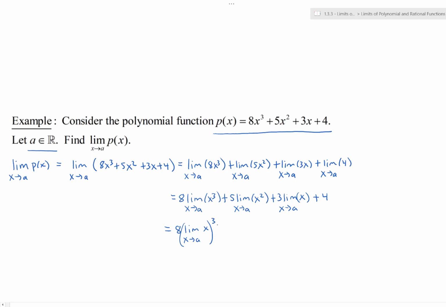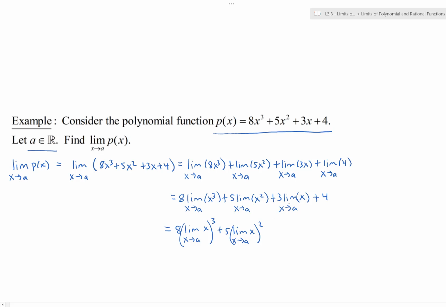Remember, the limit of a function to a power is the limit of that function, quantity, to that power, assuming the limit exists in the first place. And for each of these, we have an x, and y equals x always has a limit that exists. So moving on, plus 5 times the limit as x goes to a of x, quantity squared.